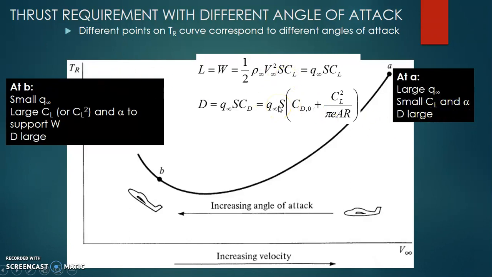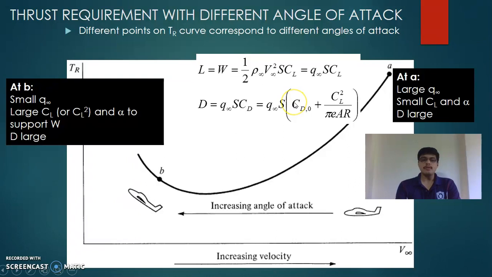This is what we just looked at. Drag. So we know that this punishing guy will ensure that at higher velocities, which are these V's, the total thrust required will go up exponentially. And that is the beauty of this curve. At high angle of attack and low angle of attack, what are the thrust requirements?